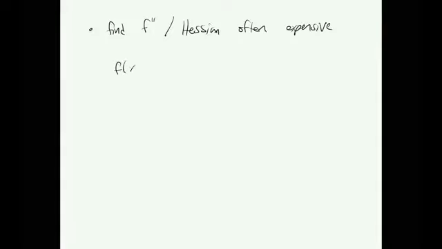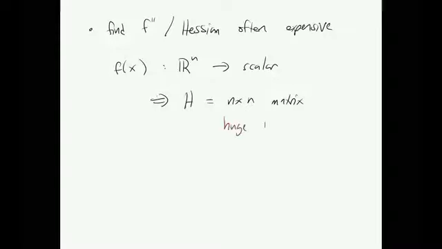If f of x again takes R^n to a scalar, then H is an n by n matrix, and this is huge if n is large. So if you have a neural network where n is a billion, the Hessian is a billion by billion matrix. You can't even store this matrix, much less compute it. So it's hard to get exactly in, I guess you'd say, high dimensions.